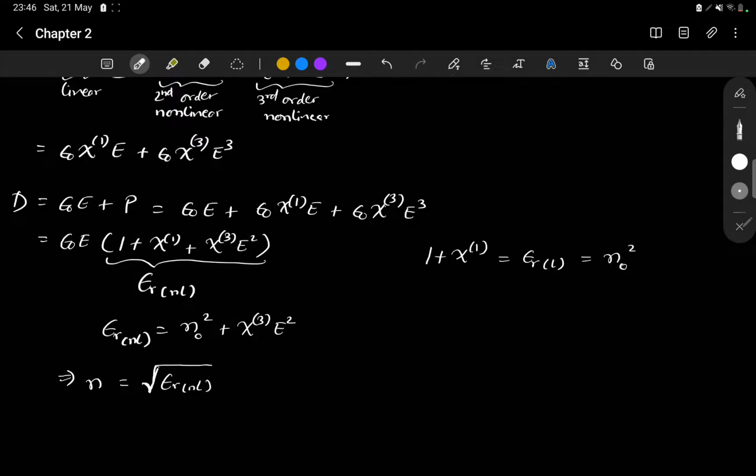Epsilon r is permittivity, mu r would be permeability, which is taken to be 1. So this gives us the following. Let us do some simplifications. Let us take n naught squared common.